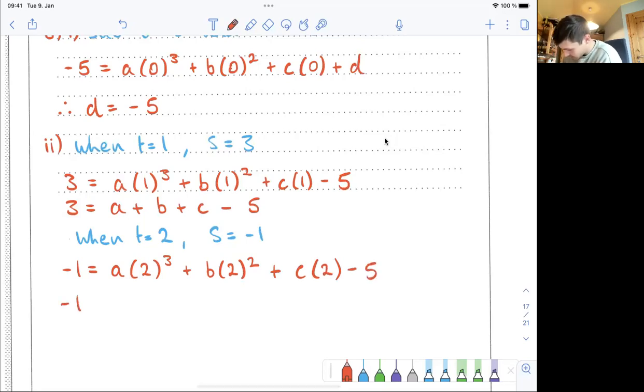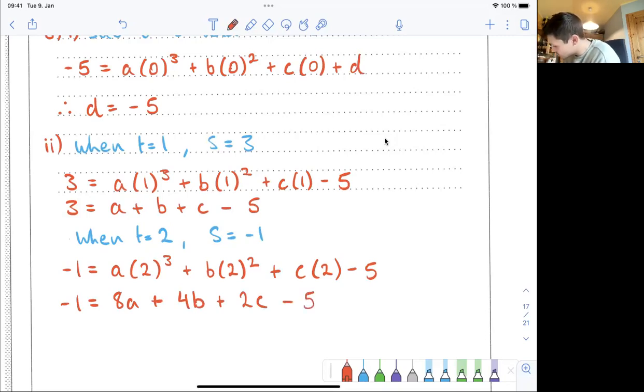Now if we work through this, we get A multiplied by 2 cubed, which will give us 8A. Then B multiplied by 2 squared, which is going to be 4B. And then lastly we get 2C -5. So there is our second one.